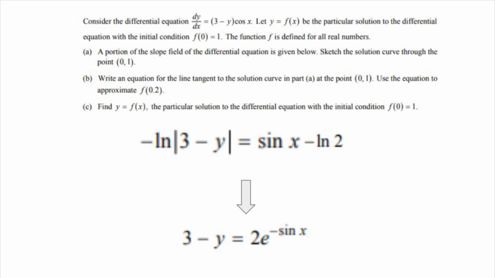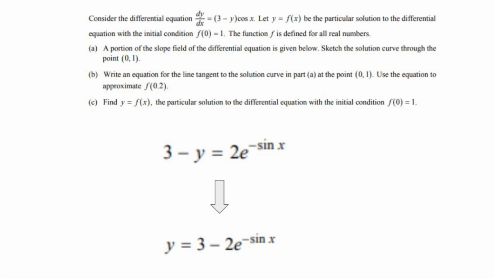And then on the right side, we do e to the sine of x multiplied by e to the negative ln of 2. And there's a great rule that helps us out, and we can just combine the 2 and put it in front of the e, and we're left with 2e to the negative sine x.